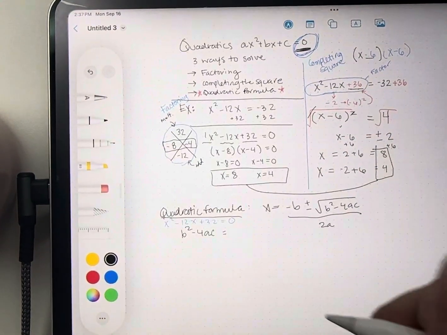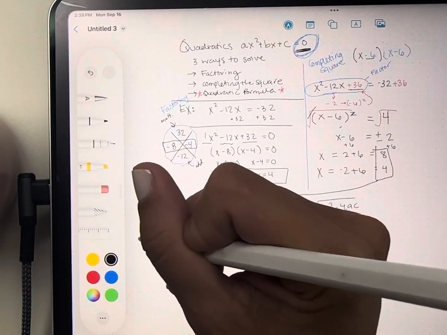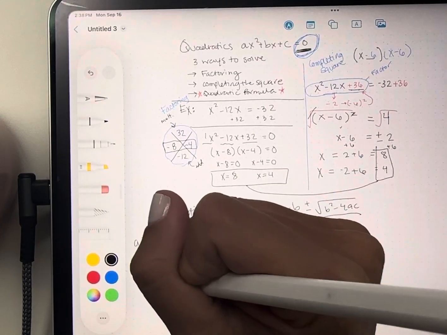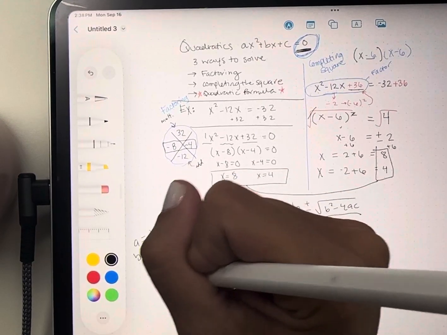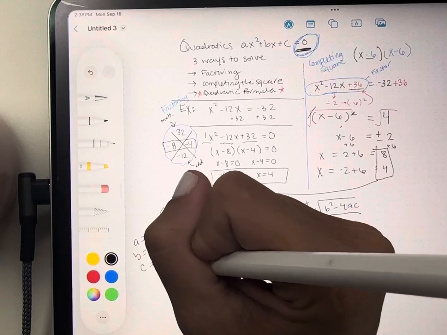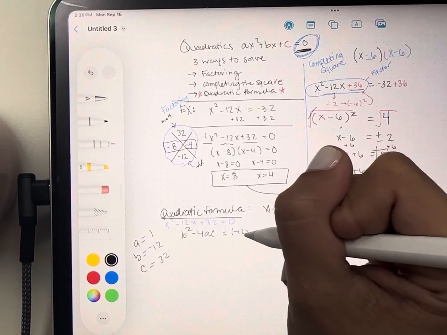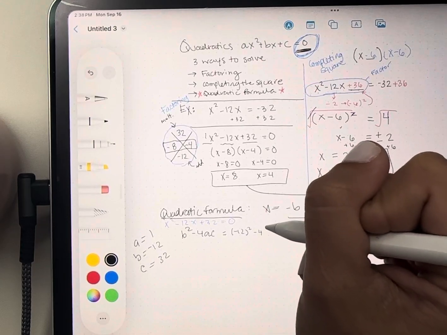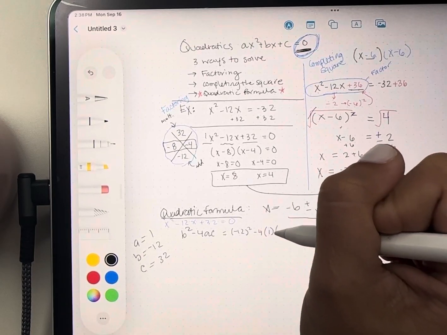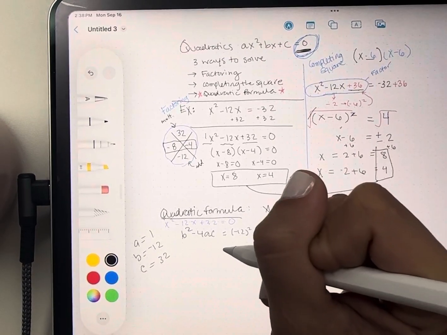Okay, so b squared, so let's quickly write down that a is 1, b is negative 12, and c is 32. So b squared is negative 12 squared minus 4 times a, which is 1, times c, which is 32.